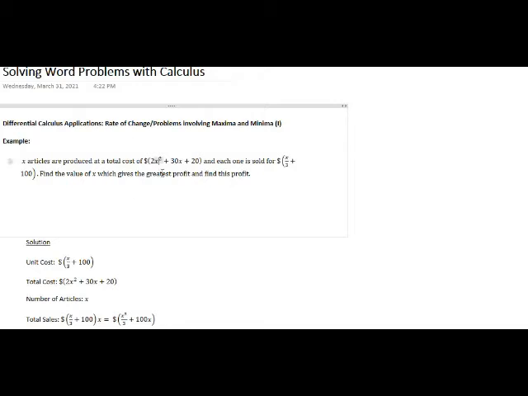Now, by mere looking at this, we can see that this is a polynomial with order 2. Its greatest power is 2, and this one is linear, since the greatest power is 1.